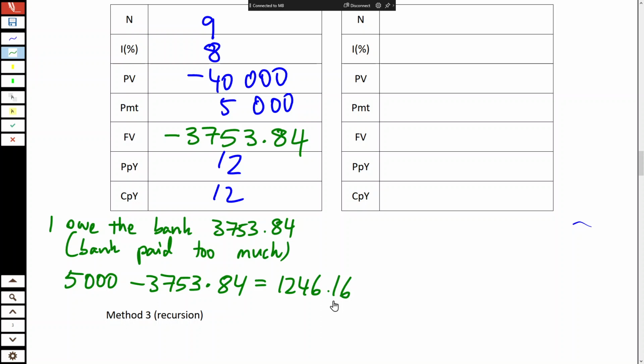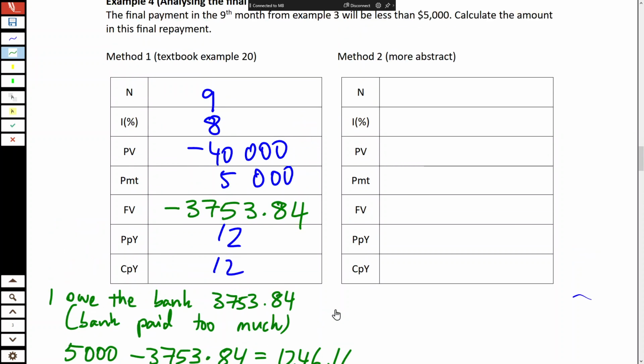If I pay $5,000 in month number 9, the bank is overpaid by $3,500. So to compensate for that, I need to reduce the $5,000 payment by $3,500. So take that away from 5,000. That's the easy way. Is yours harder? Well, let me show you how I do it.